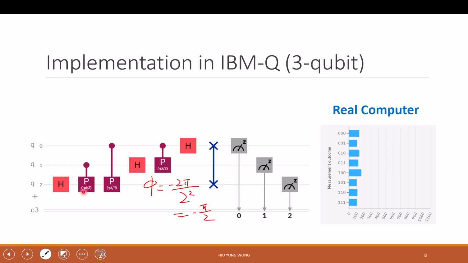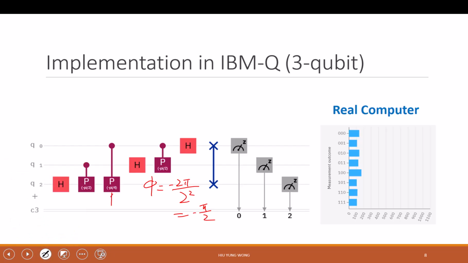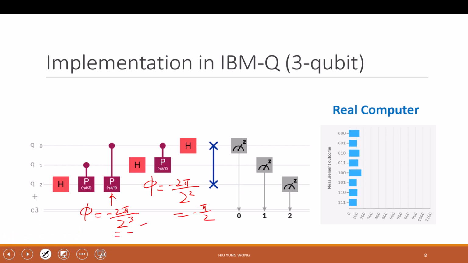And here I have the third qubit, control negative pi divided by 2. And this one, what is it supposed to be? Phi equals negative 2 pi divided by 2 to the power 3, because the distance from here to here is 2, plus 1 is 3. And this equals negative pi divided by 4. And that's why this is negative pi divided by 4.